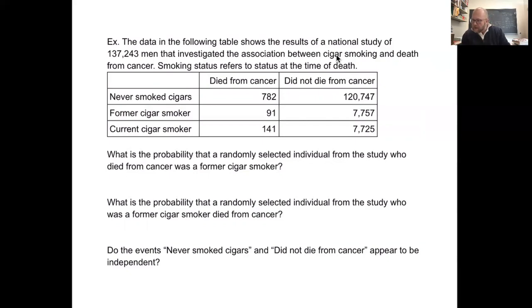So the data here is about a study of men who have died and the question of whether they were a cigar smoker when they died, and the question of whether they died from cancer or not. As you can see, we have a total of a large number there, 137,243. So that would kind of go over here.